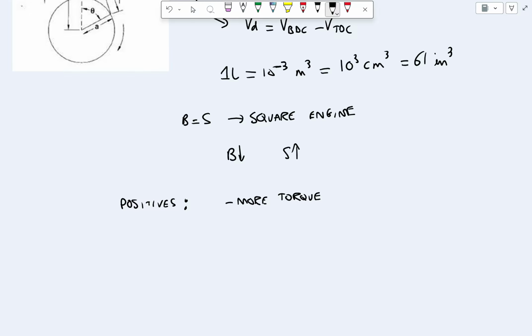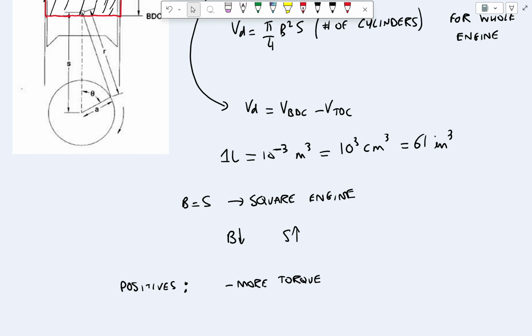So if we have a longer stroke, we're going to be able to put a bigger torque through the rotational component that I'm going to highlight right here. If we have a longer distance, there will be more force passed through it. Okay, and we'll look at with equations in further videos how that manifests itself in equation form.